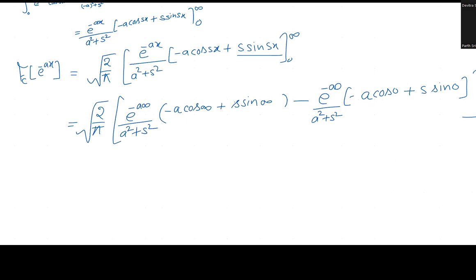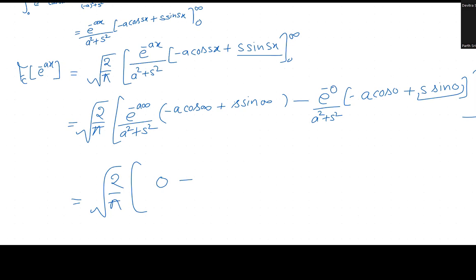0 minus, this will be 0 and cos 0 will be 1. So we will have minus e to the power, sorry, 0, my mistake. e to the power 0 has value 1.